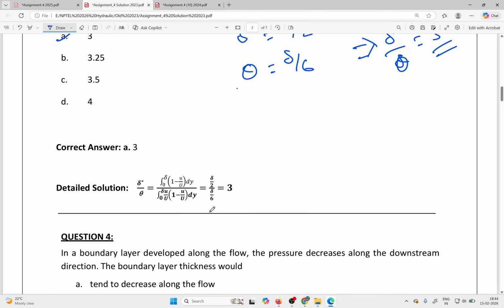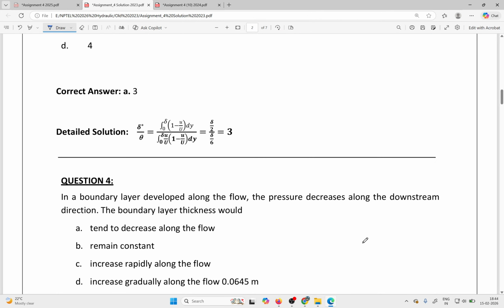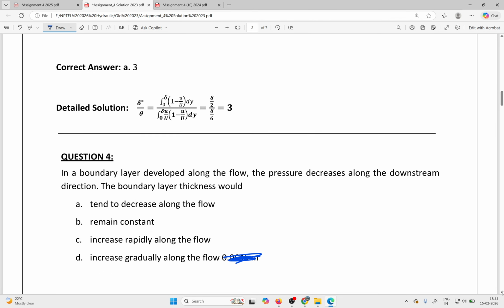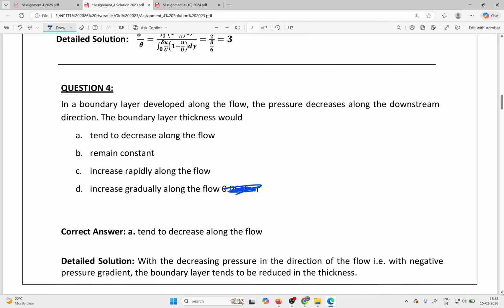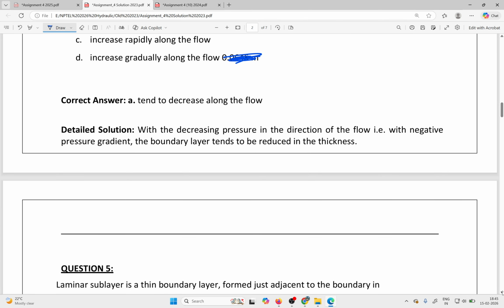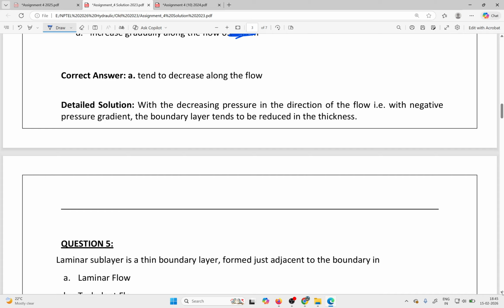Okay, so now next one. Here also there is an option mistake. So I think we have solved this question already. The boundary layer develops along the flow, the pressure decreases. Already we have solved. No need to. Okay, next question.